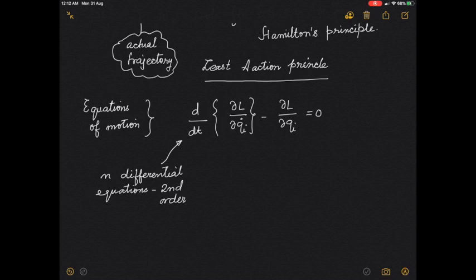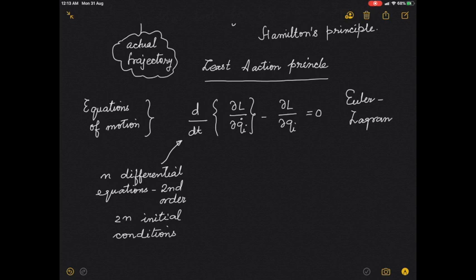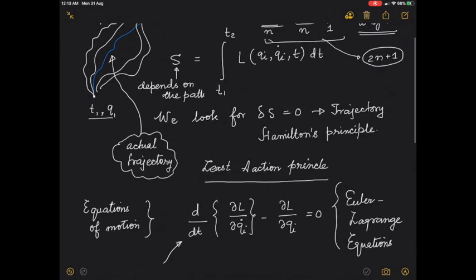So I will need 2n initial conditions to solve them. Okay, this we have learned last time. So these are called the Euler-Lagrange equations of motion.